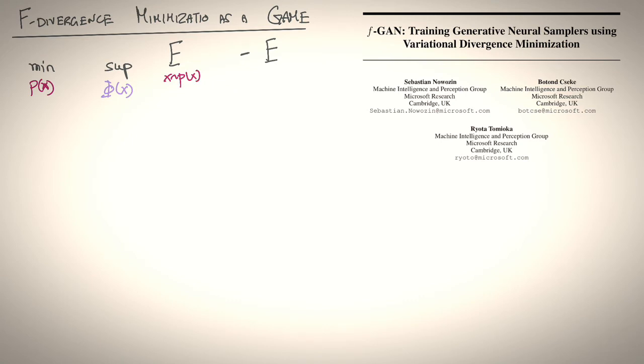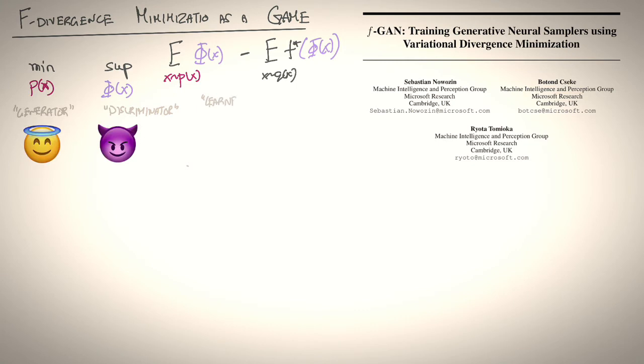The payoff score is the difference between the expected moment evaluated on P of x and f star of the moment evaluated on Q of x. It's just an asymmetric moment on P of x and Q of x. You can think of the first term as the learner score and the second term as the expert score.